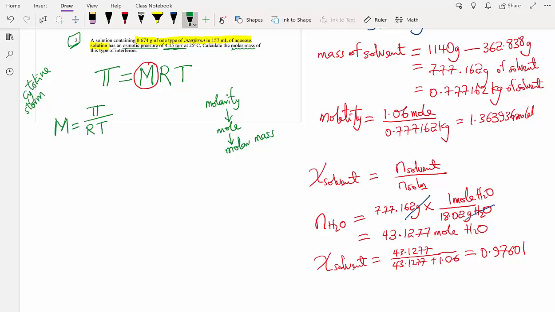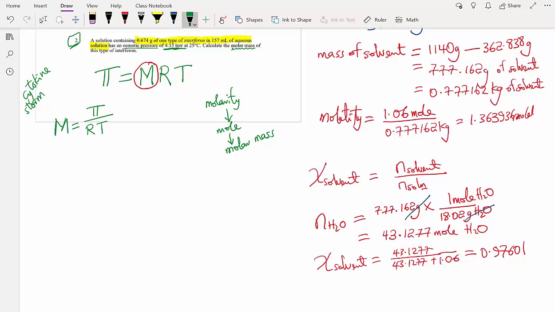But before we do, let us be very careful with the units. Let us begin with the osmotic pressure. The osmotic pressure is given to us in torr.